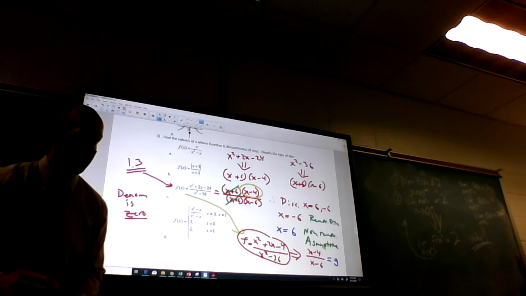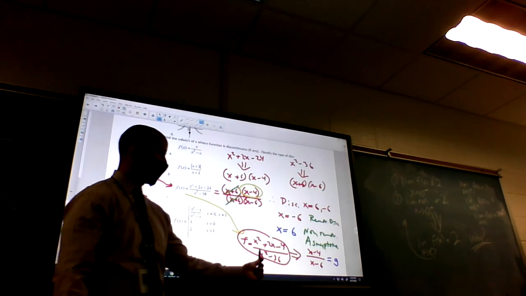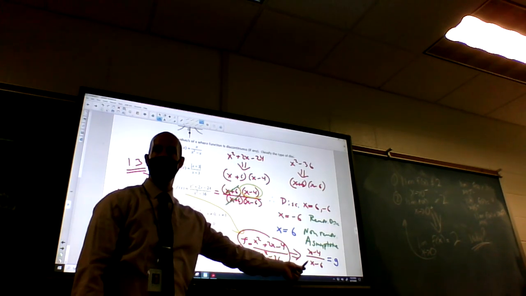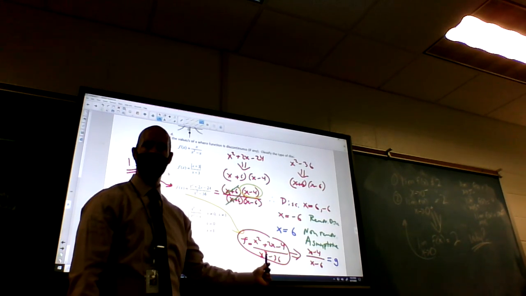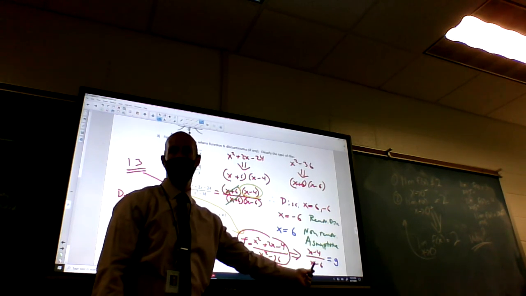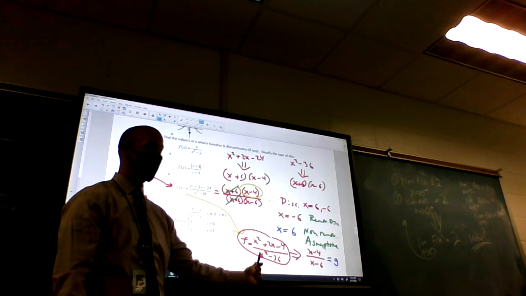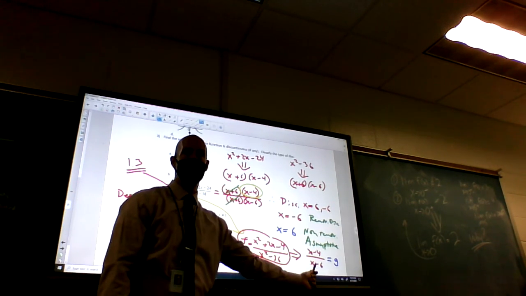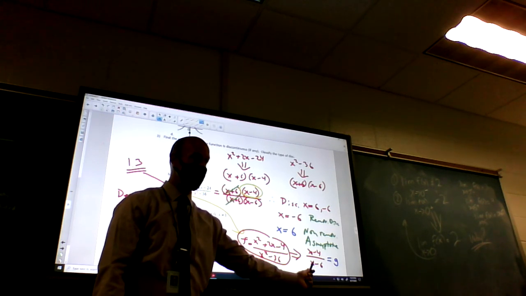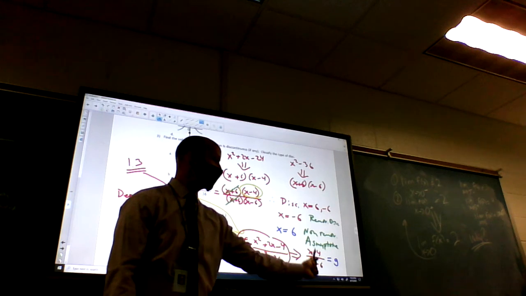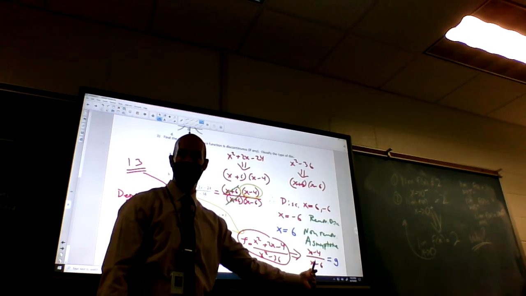They are not. Guess what this one has that this one does not? It has a removable discontinuity. It has a hole. This one does not. Does this one have a vertical asymptote at 6? Yes. Does this one have a vertical asymptote at 6? Yes. Does this one have a hole at negative 6? Yes. Does this one? It does not.